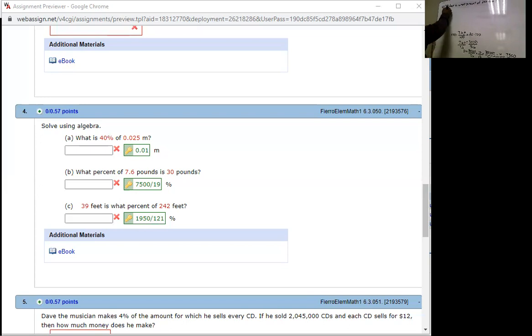All right, so 39 feet, I'll just write this as 39. I'm just writing this as an equation. The word is will be the equal sign. What percent, of is to multiply, and then 242. So if I write this as 39 is equal to 242 P over 100.